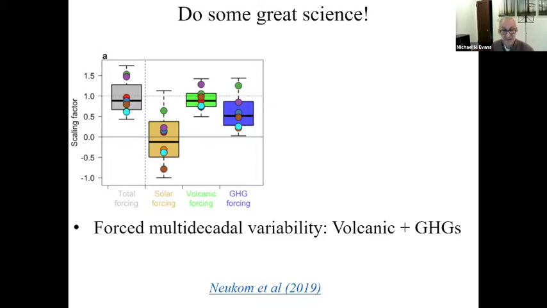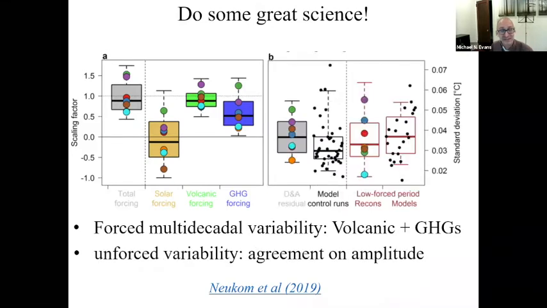In addition, what we found is by looking at the residual to that fingerprinting analysis, which is shown in this figure, there's broad agreement, or I'd say they're not in disagreement.